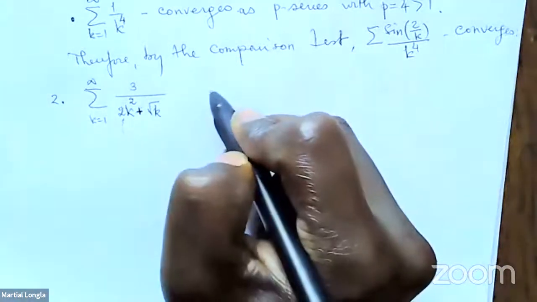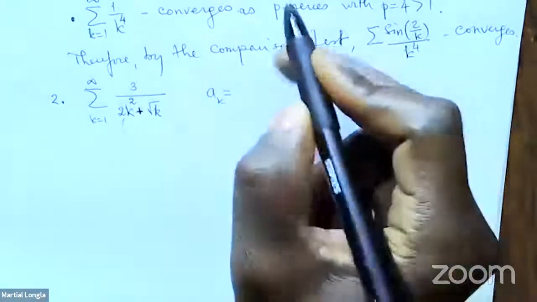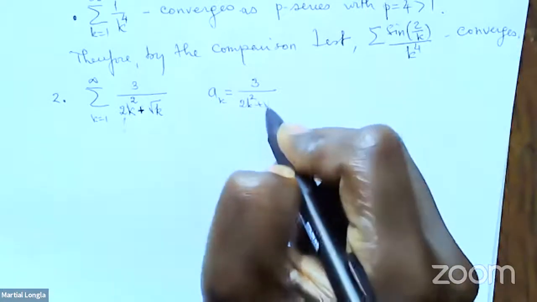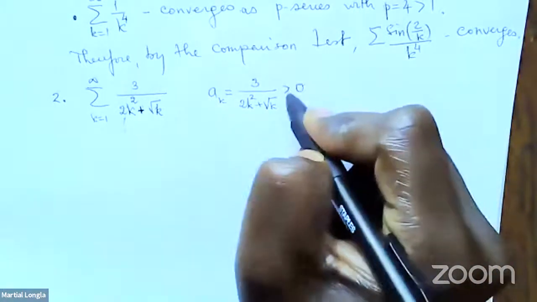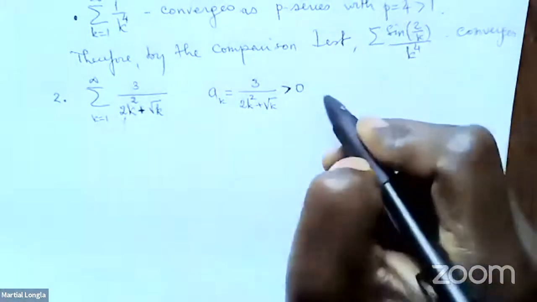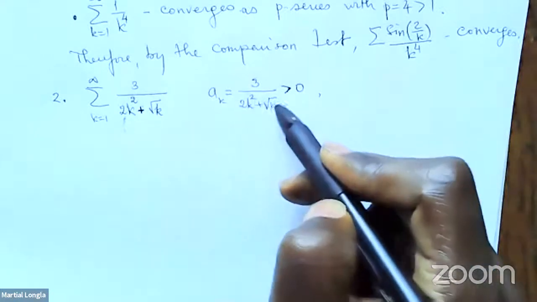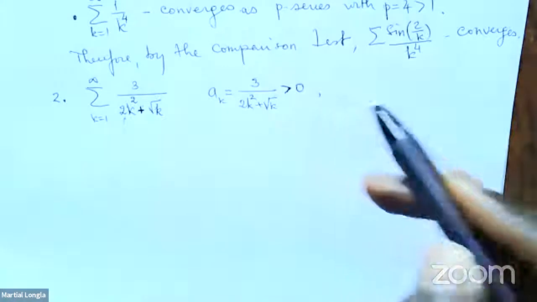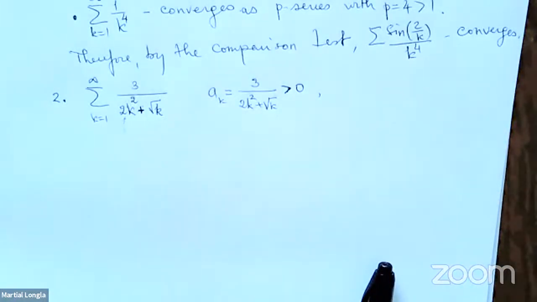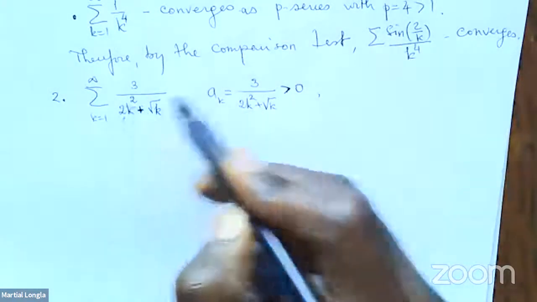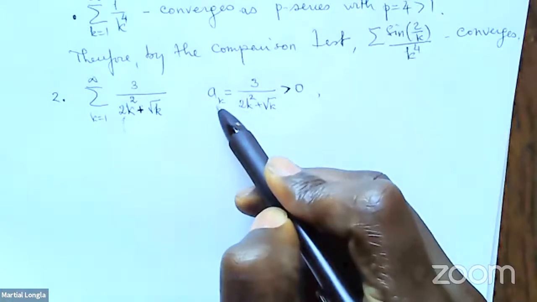And luckily, a_k in this case is equal to 3 over 2k squared plus square root of k. This is positive and it is important to have that. Because 2k squared is larger than the root k you have here, and 1 over k squared, if I take the sum, would be like a p-series with p equal to 2 and converges, I'm thinking that this thing converges, and therefore I need to build a series that is larger than this.